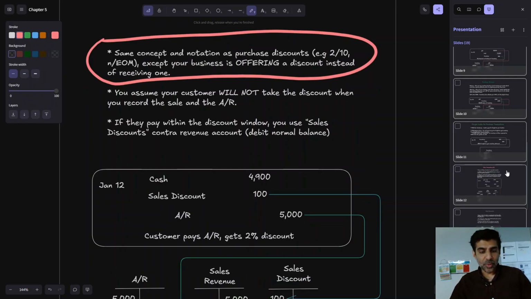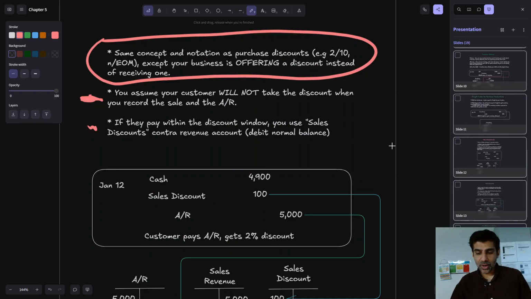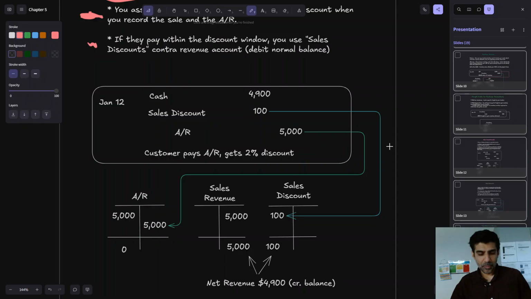You will assume that your customer will not take the discount, so you record the revenue at the full amount at the time of the sale. If they do take it, the way you're properly supposed to do it is with a contra revenue account called sales discount.